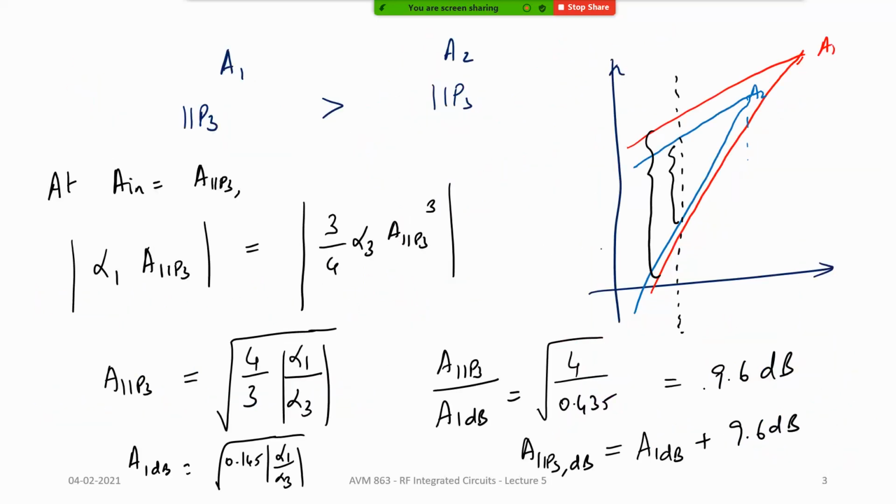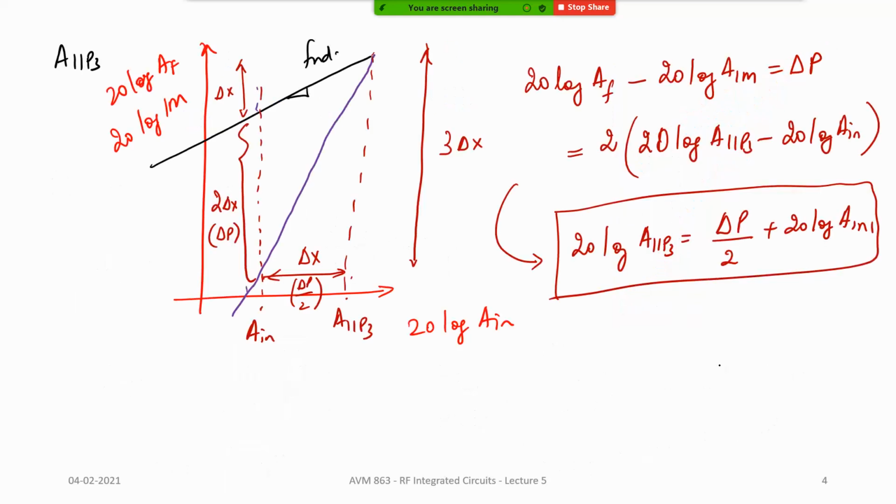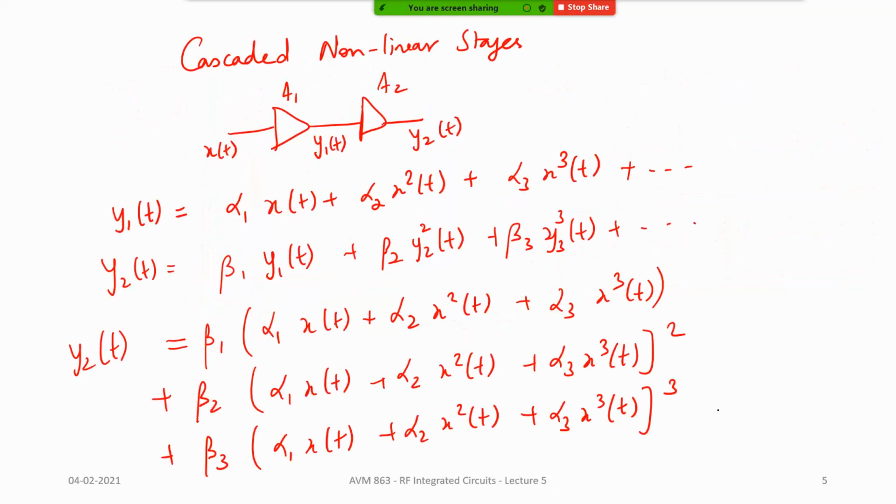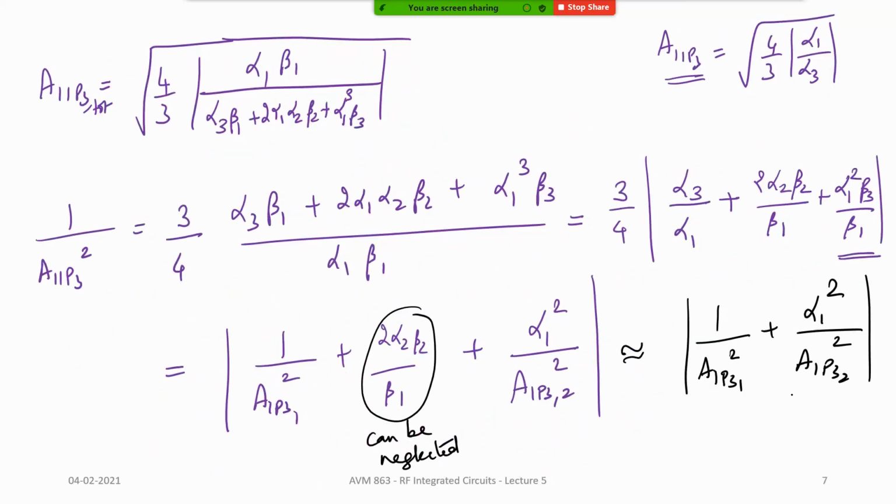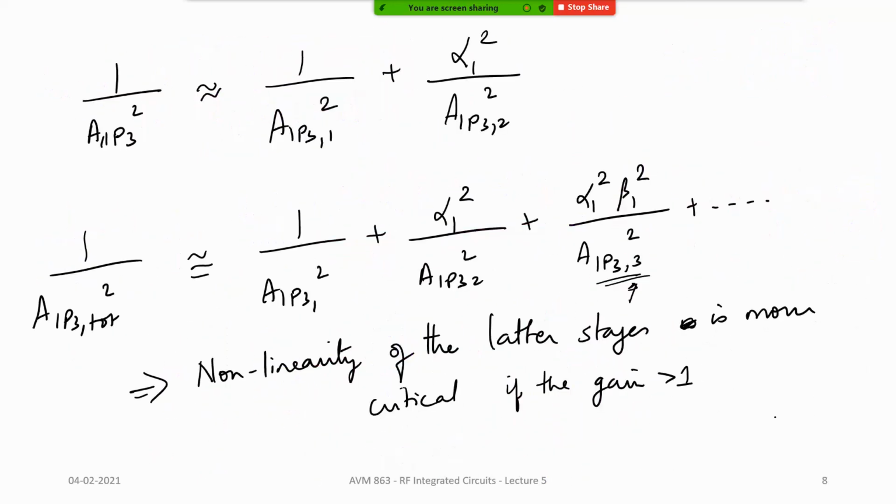We derived some simple equations for that, and we saw how that characterizes, and then we derived this equation, which turns out to be very useful in many practical applications, where if you know IP3 and the input power, you can find out your relative IM. Okay. And then we saw what happens in cascaded stages. We derived this equation, and we saw that the nonlinearity of the latter stages has to be better. Otherwise, you will end up in a lot of trouble.